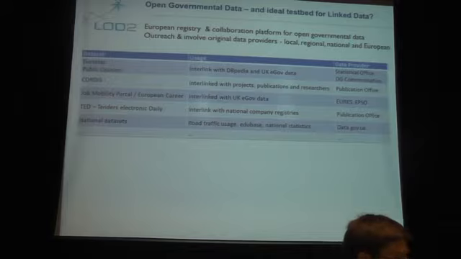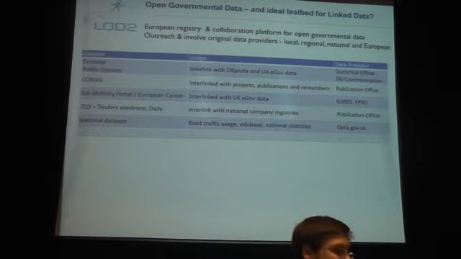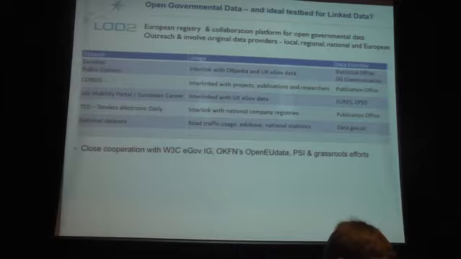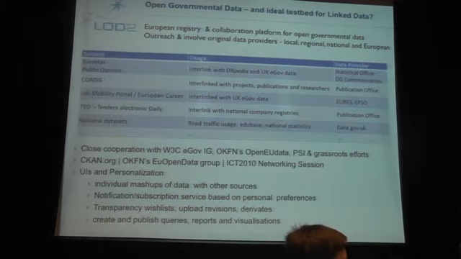And this all needs to be kept in mind when you speak about open data systems or linked open data systems or open government data in Europe. You see here a few cooperations. We work closely together with W3C working groups, with OKFN, who is a partner in the project, and so on. You see a few more groups here, and here's something that we're going to do.